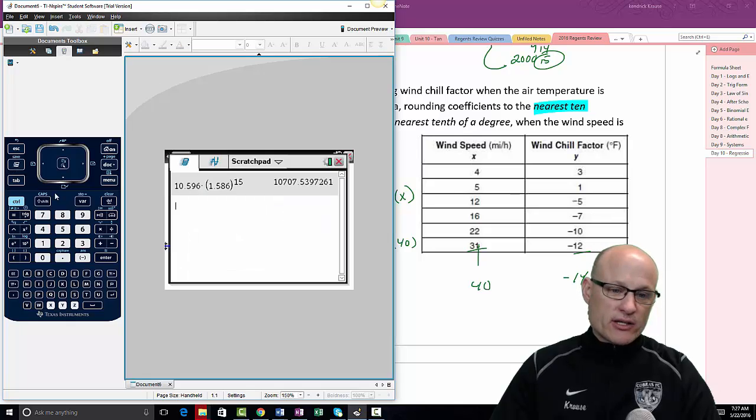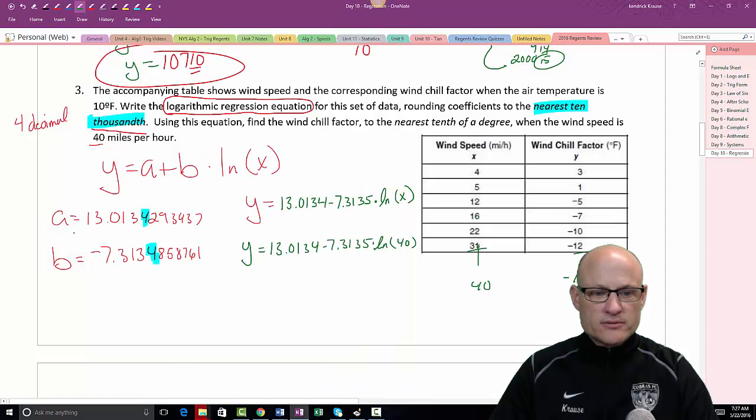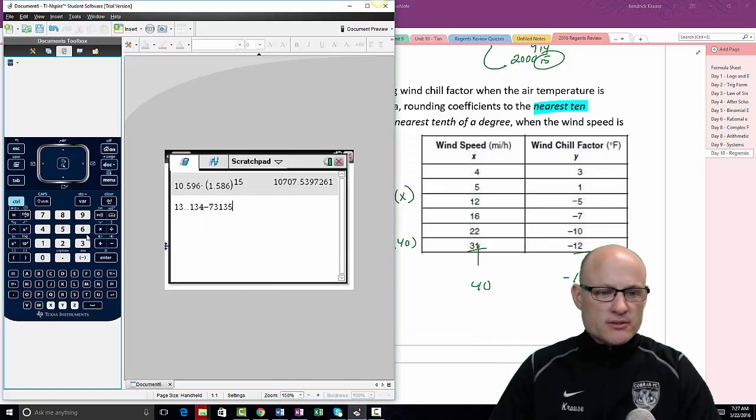So we'll go to our calculator, we'll type in 13.0134 minus 7.3135 times the natural log of 40.